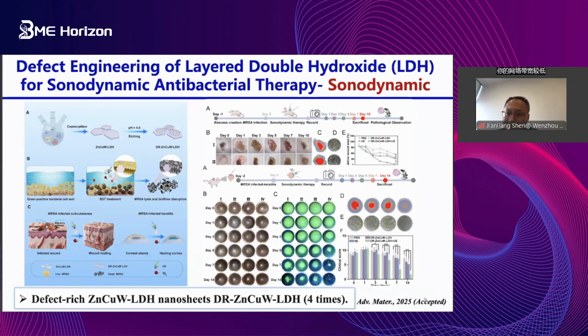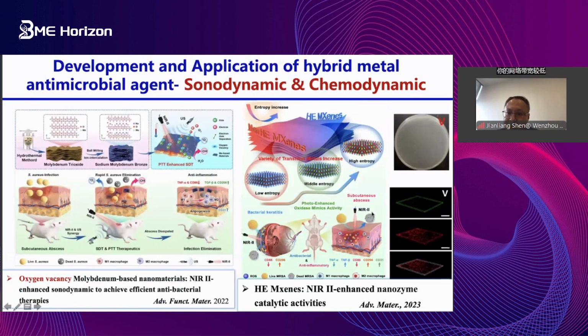If we increase the amount of the hybrid system under near infrared radiation, they can serve as photothermal therapy. But if the temperature is too high, they will damage the surrounding tissue.